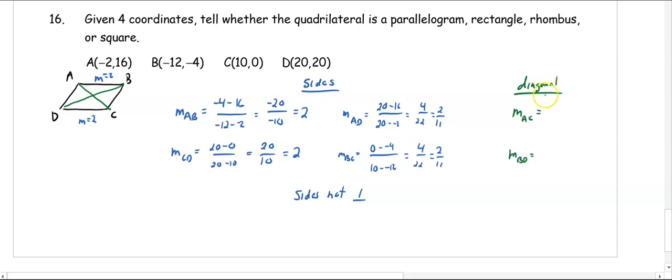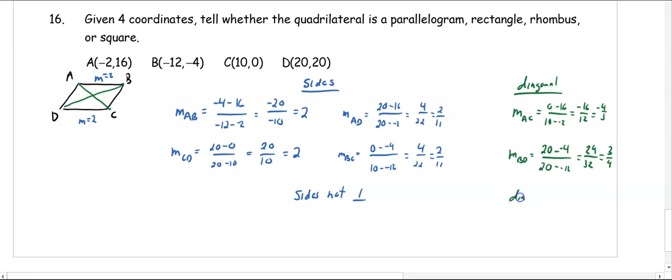So we would have 0 minus 16 over 10 minus negative 2, which gives us negative 16 over 12, negative 4/3. BD, we have 20 minus negative 4 over 20 minus negative 12. So that gets us 24 over 32, which reduces to 3/4.